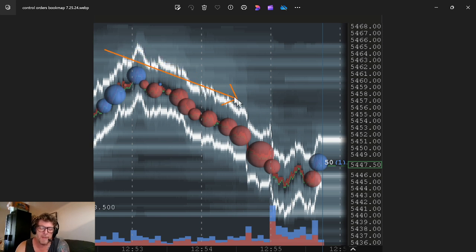So anytime I see these two stacked lines of imbalances, I just want to remind myself to stay out and wait. What did end up happening was that price was accumulating, and what really threw me about this session was that price was not respecting the value area high on the cumulative volume profile.